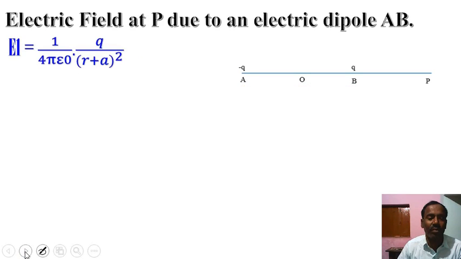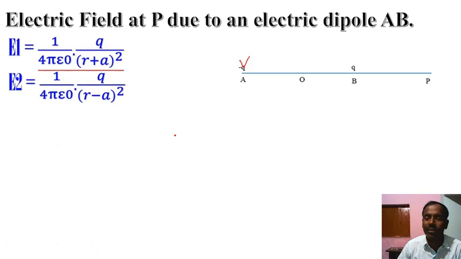According to Coulomb's law, the electric field at P due to minus Q charge will be 1 by 4 pi epsilon naught into Q into 1 by (r plus a) whole square. Similarly, the electric field at P due to plus Q charge will be 1 by 4 pi epsilon naught Q by (r minus a) whole square according to Coulomb's law.